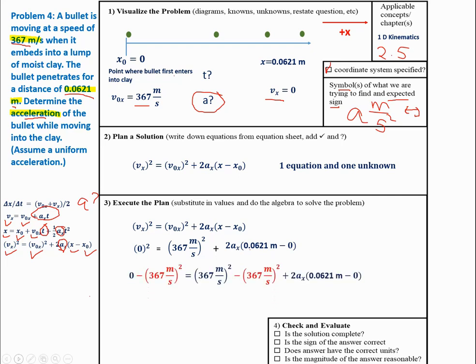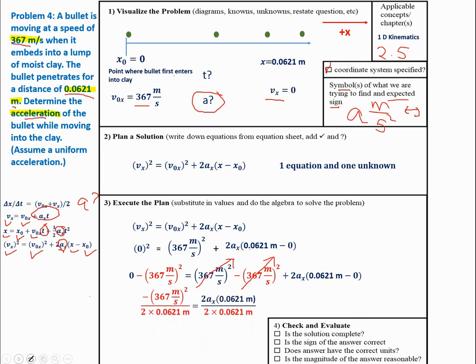Then I'm going to subtract the square of 367 meters per second from both sides of the equation, because I'm going to solve for acceleration and need to separate it out. Now you can cancel out the square of the 367 meters per second from this side.